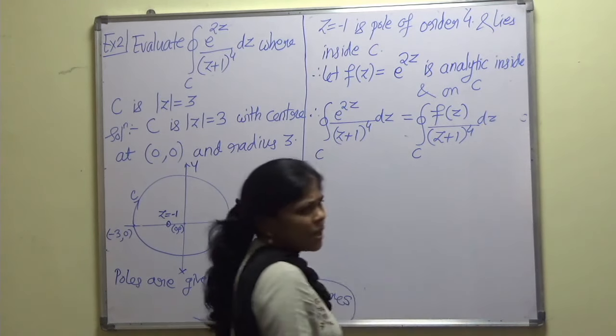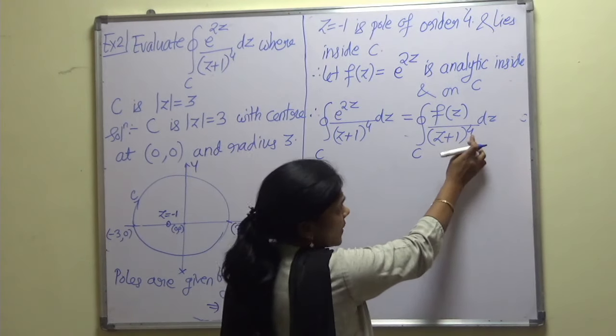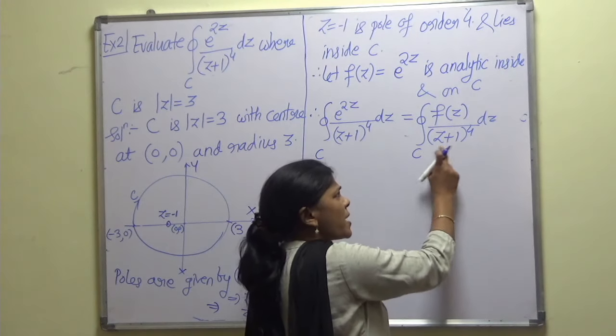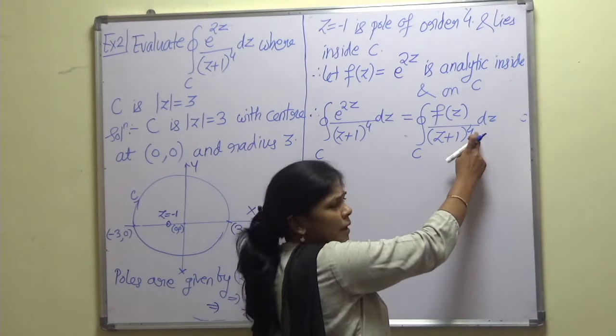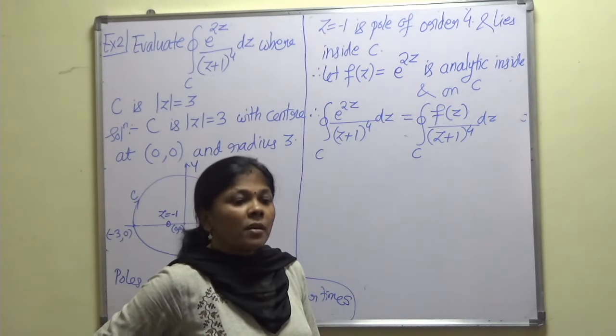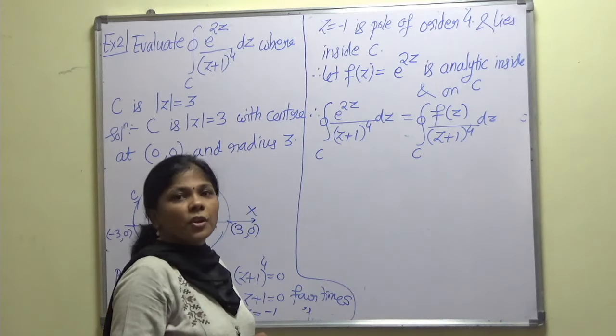Now see here, I am having this of multiple order, that is z plus 1 to the power 4. So when we have the power of z minus a more than 1, then we apply the generalized Cauchy theorem.